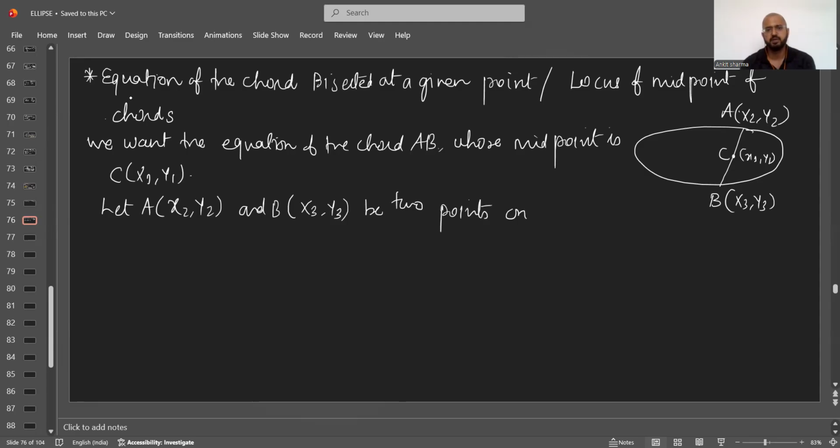Now our goal is to get the slope. Once we have the slope, by using the slope-point form we can get the equation, because we have this point already given; we just need the slope.